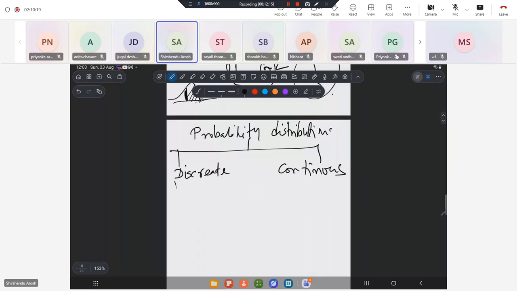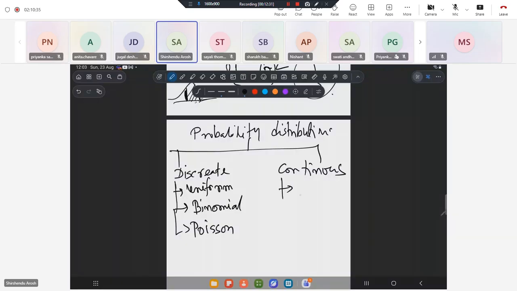For discrete, we are going to look into the uniform distribution, the binomial distribution, and the Poisson distribution. These are the most popular distributions.